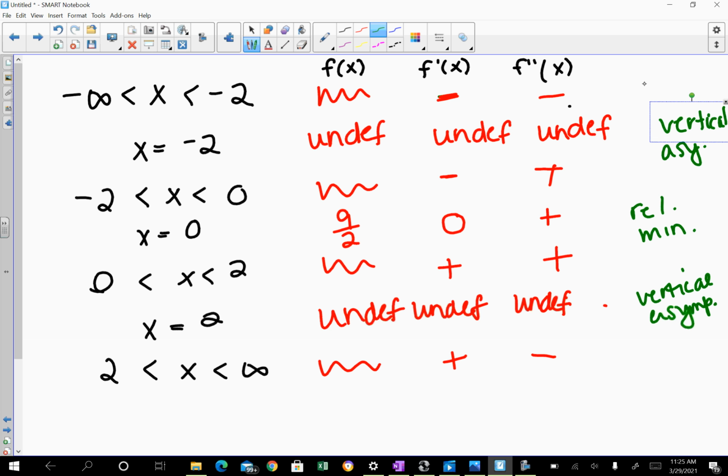So this is decreasing concave down. This is decreasing concave up. This is increasing concave up and increasing concave down. So now I would look at this sheet and I'm going to graph it.